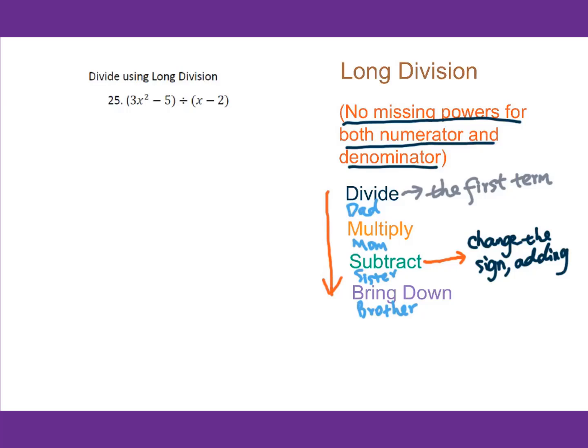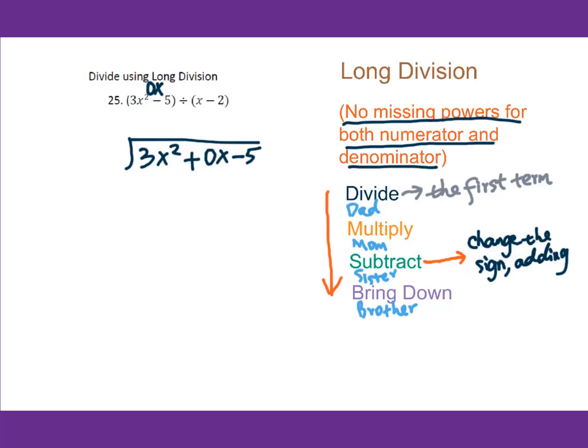Divide, multiply, subtract. For example, number 24. First of all, let's do this long division. Check no missing power. We do have a missing power, that's 0x. Therefore, we write down 3x squared plus 0x minus 5.